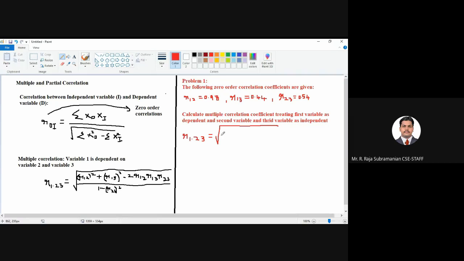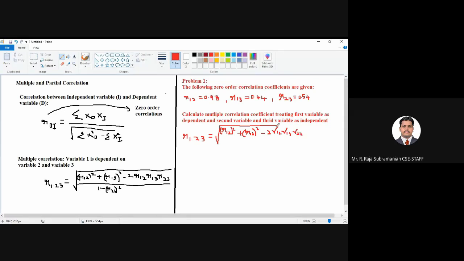R12 square plus R13 square minus 2 R12 R13 R23, the same thing we have written here, whole divided by 1 minus R23 square.